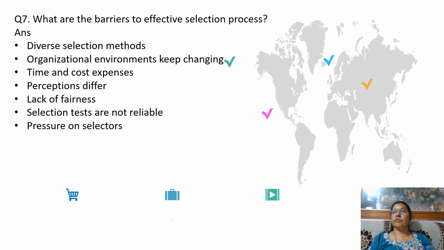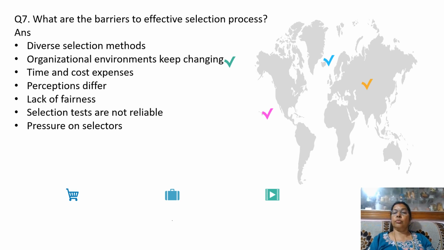And perception of selection: people have different opinions. Some people have a negative opinion about selection, and some people have a positive opinion. Such perceptual differences can affect the selection process. It may not be a successful one.